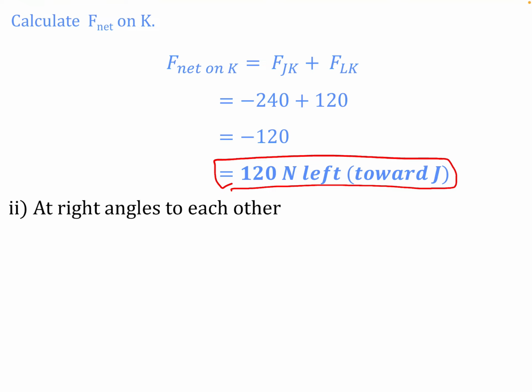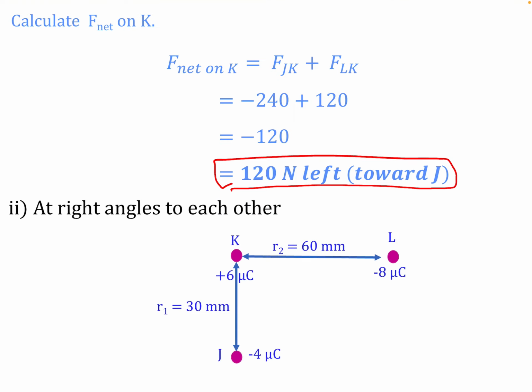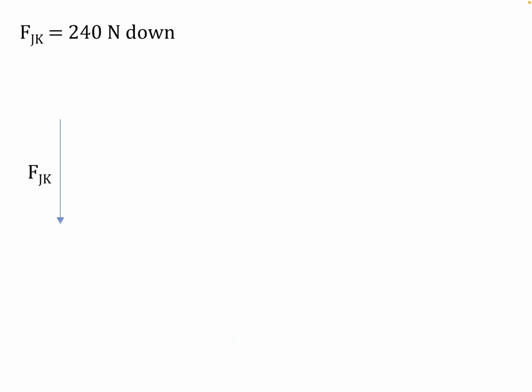But what happens if we put them at right angles to each other? Well, now, I need you to see all I've done. J was over here. I've just moved it there, so I've got a right angle. Now, I did this deliberately because I don't want to work out this force again, and I don't want to work out this force again. That hasn't changed.